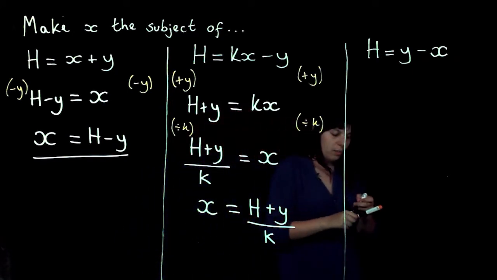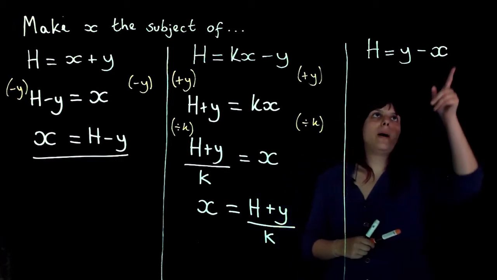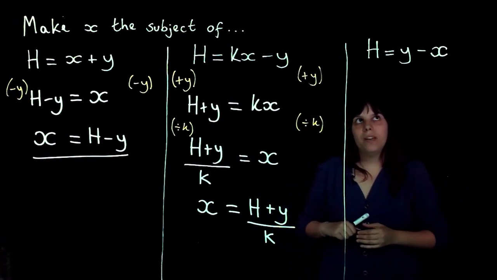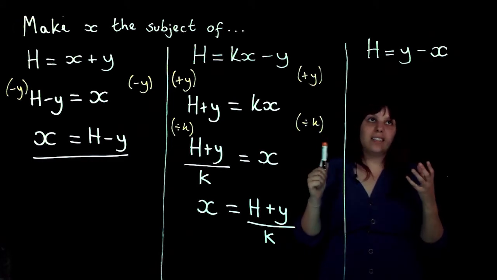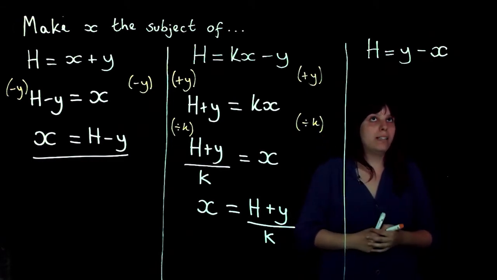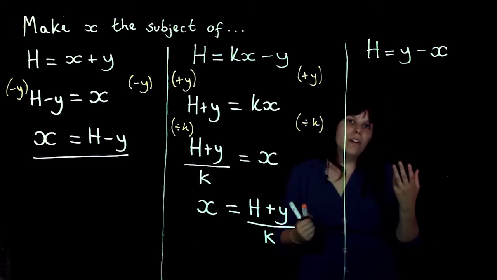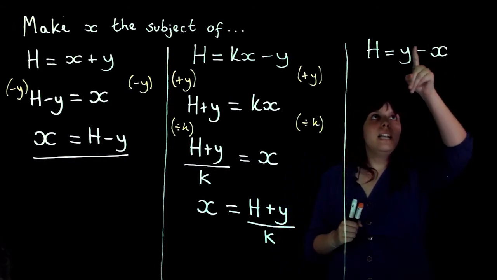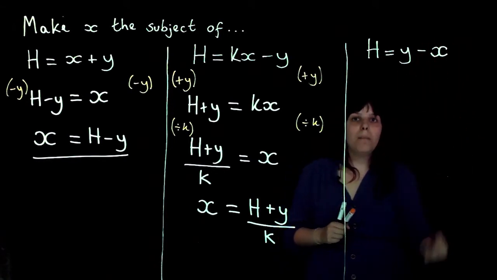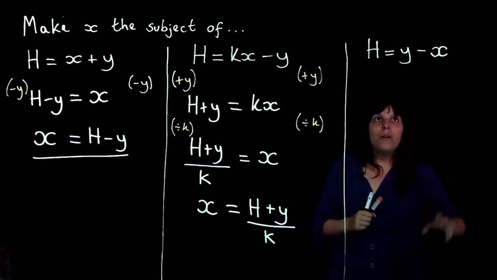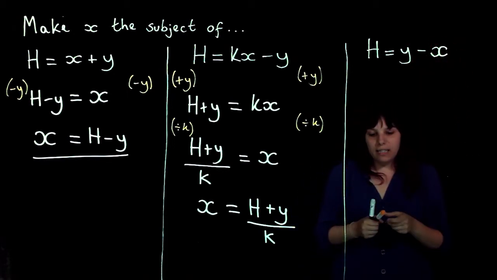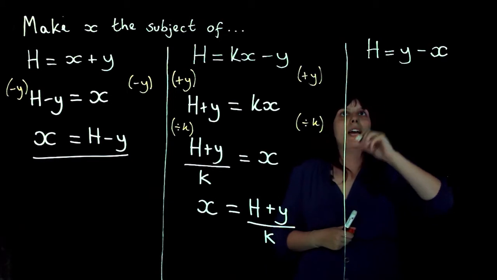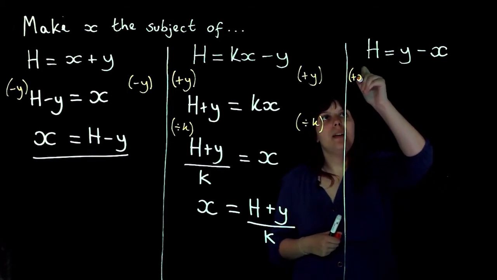Now with our last example, we can see straight away that our x is negative. And we want to make x the subject. We don't want to make minus x the subject. So the first thing that comes to my mind is, let's make this minus x positive. So I'm going to get rid of that minus x, and to get rid of it, I add x.